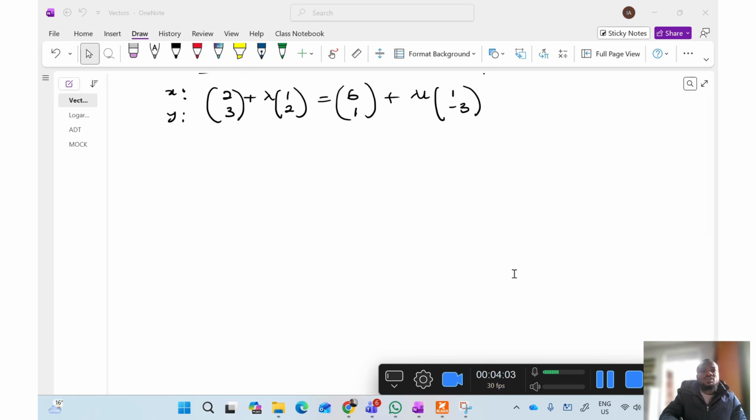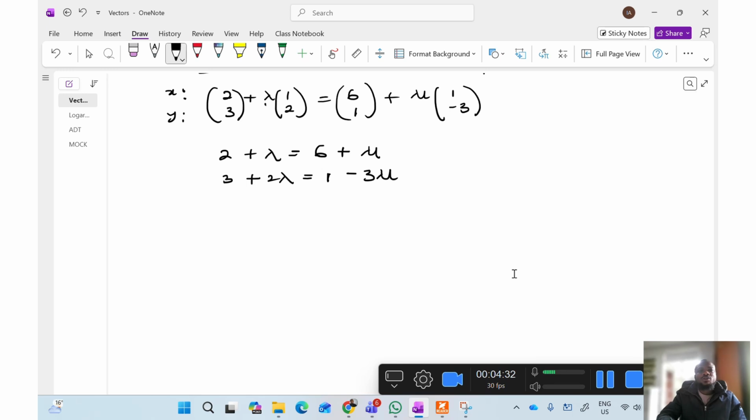So this becomes 2 plus lambda, because lambda times 1 is lambda, is equal to 6 plus mu, because mu times 1 is mu. Then 3 plus 2 lambda, because lambda times 2 is 2 lambda, is equal to 1 minus 3 mu. I hope this is understood.